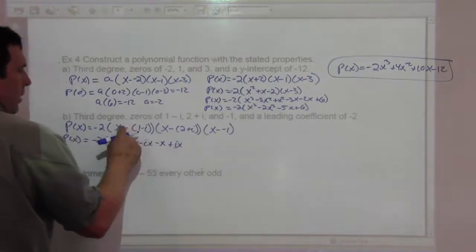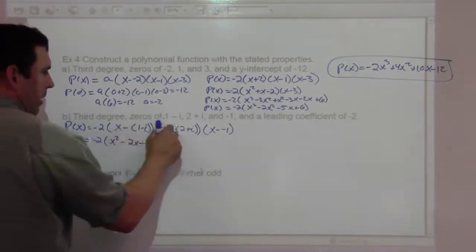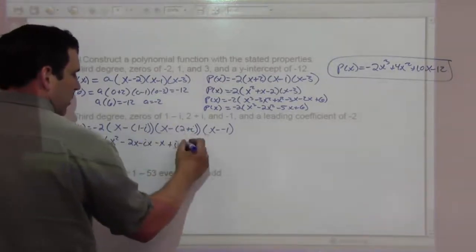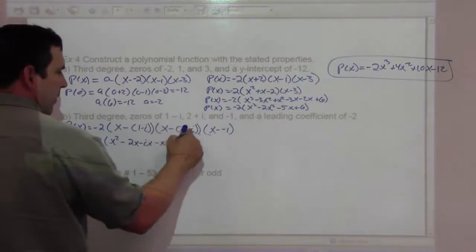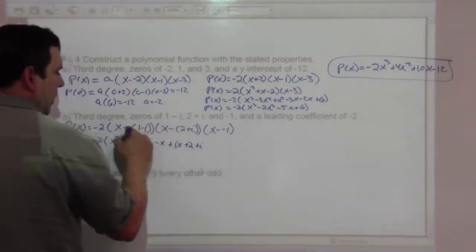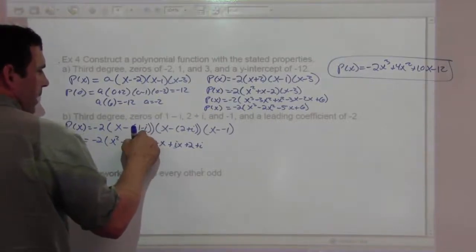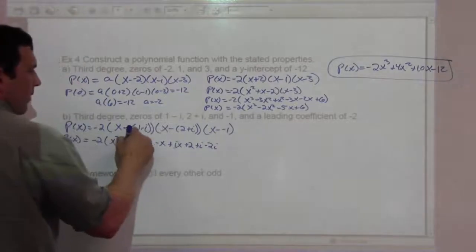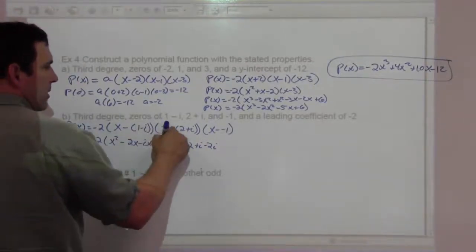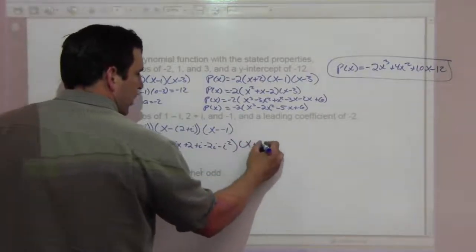And then we have the negative of 1 times 2 times negative 2 is going to be plus 2. Negative of 1 times negative of i is plus i. Negative of negative i, that's i times negative 2, is minus 2i. Negative of negative i is i times negative i is minus i squared. We still have an x plus 1 out here.